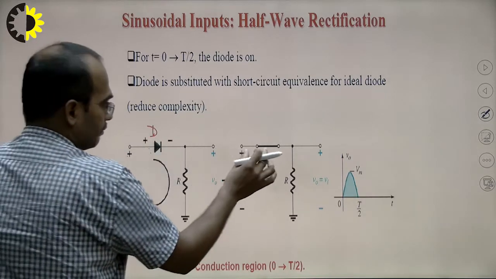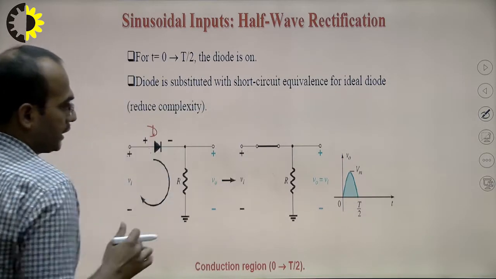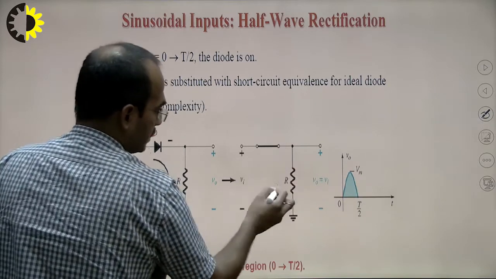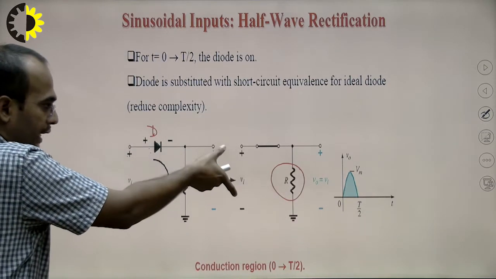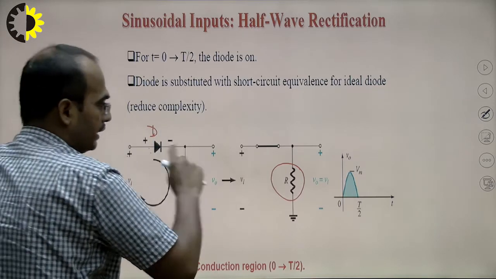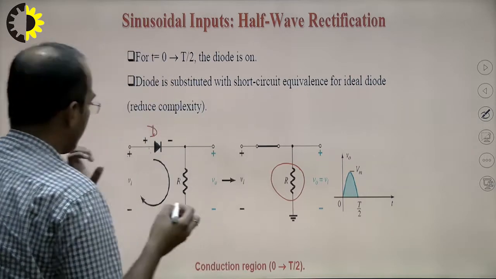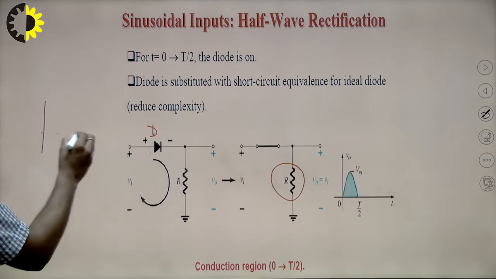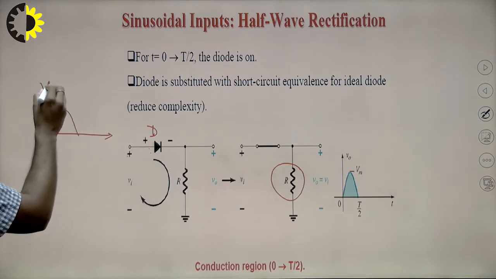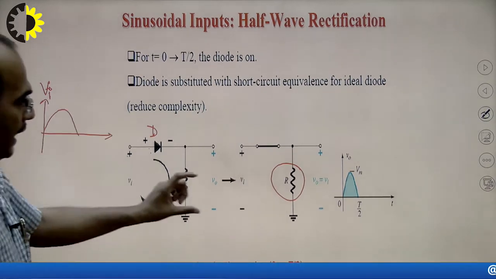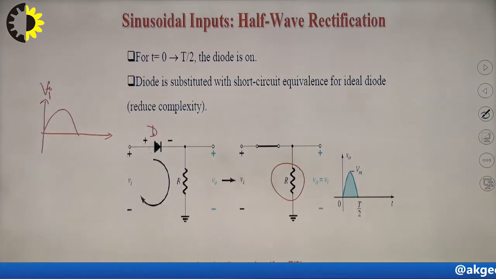When this diode behaves as a short circuit, the output across the load resistance R is equal to whatever input I have applied at the input side. What I have applied for the positive half cycle, at the output we will get this half cycle.